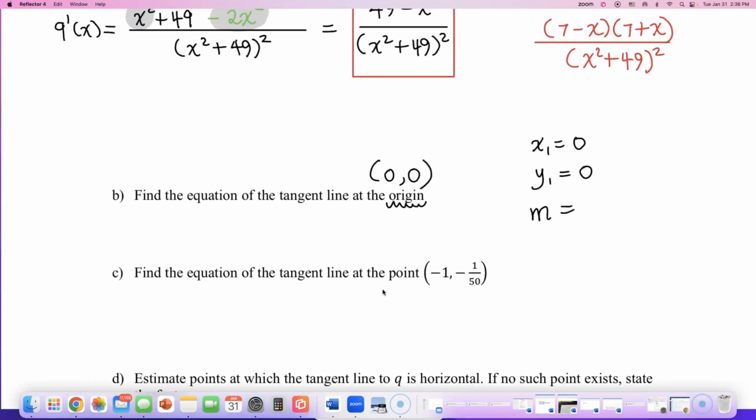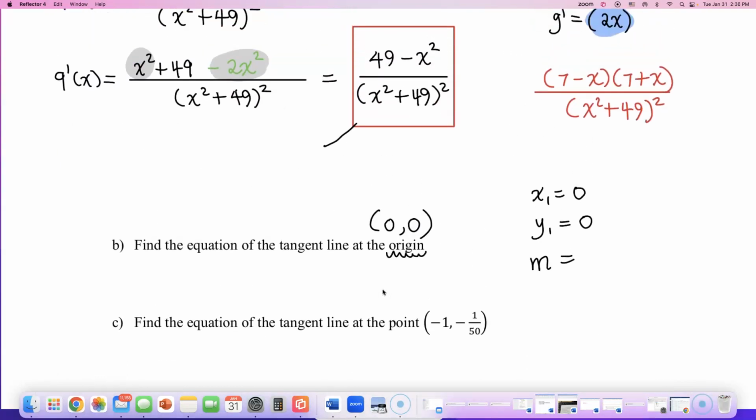We have the slope cooker right here. That's what is going to give us the slope. So find the slope by plugging in the given x value into the derivative function. That's how you find the slope of a tangent line. So let's do that. If I plug in 0 into this function, I have to plug in 0 here and 0 there.